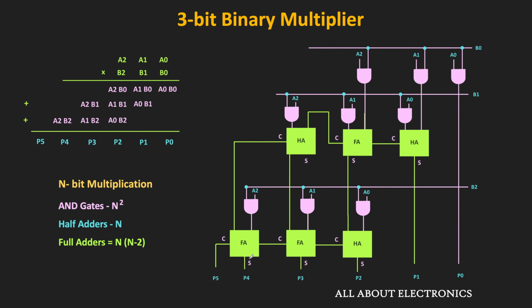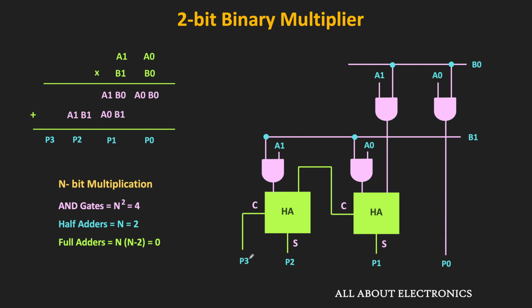For example, if we see this 3-bit multiplier, then here n is equal to 3. So here we require 9 AND gates, 3 half adders and 3 full adders. So similarly, if you see the 2-bit multiplier, then for this 2-bit multiplier, n is equal to 2. So in this case, we require 4 AND gates, 2 half adders and 0 full adders.